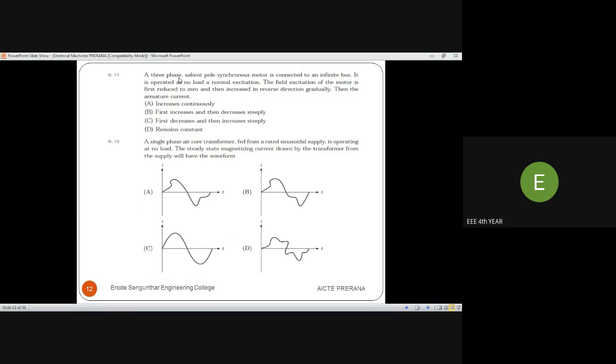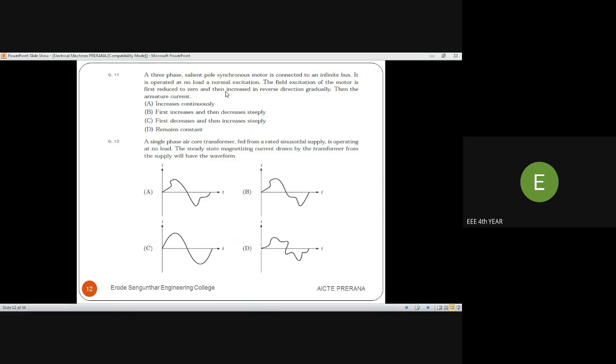Next, question number 11. A 3-phase salient pole synchronous motor is connected to an infinite bus. It is operated at no load at normal excitation. The field excitation of the motor is first reduced to 0 and then increased in the reverse direction gradually. Then the armature current.